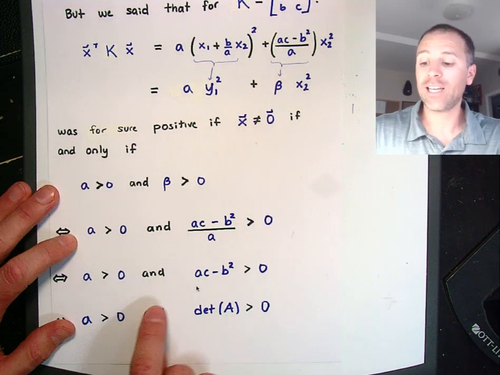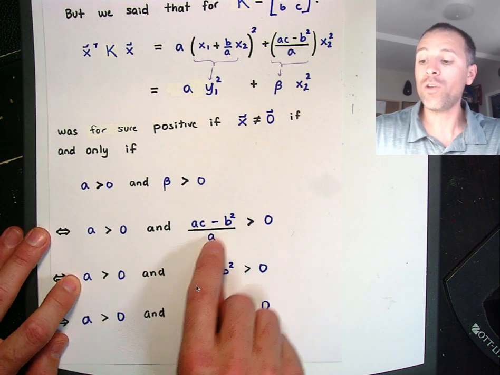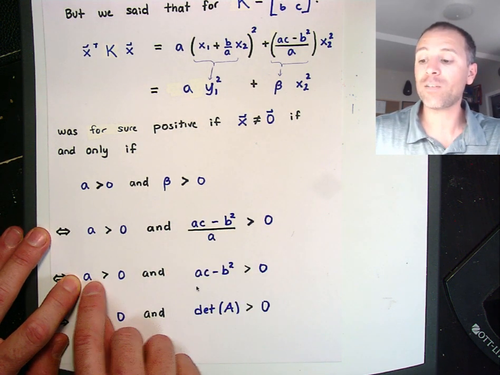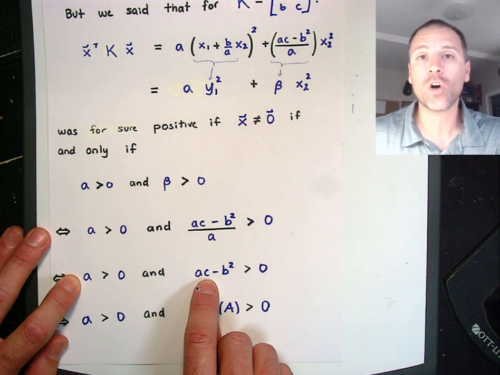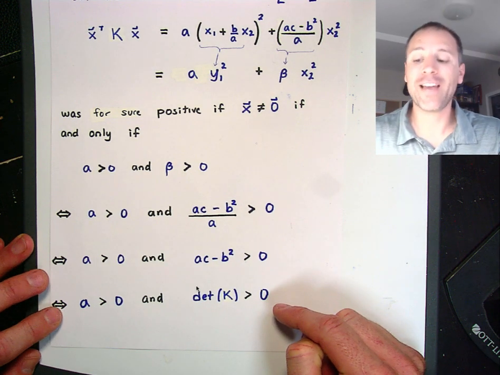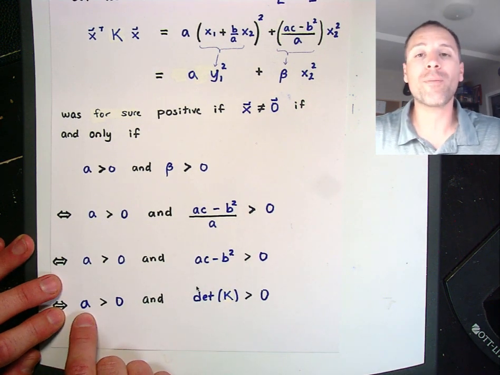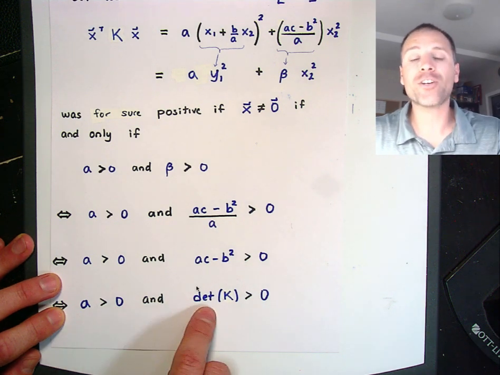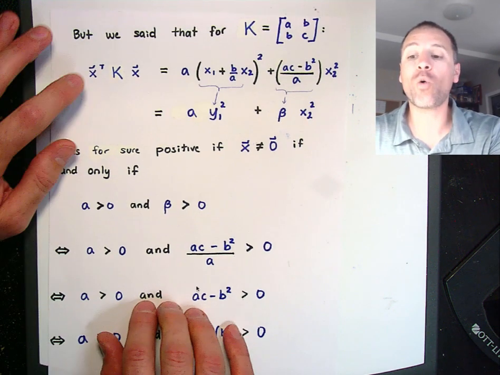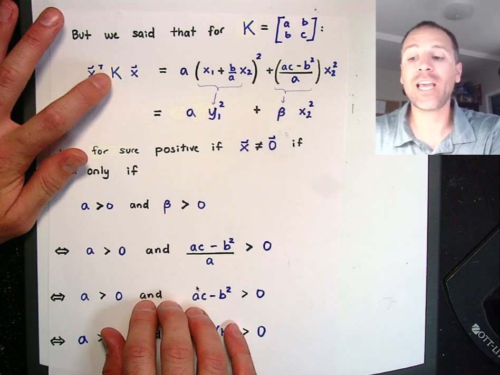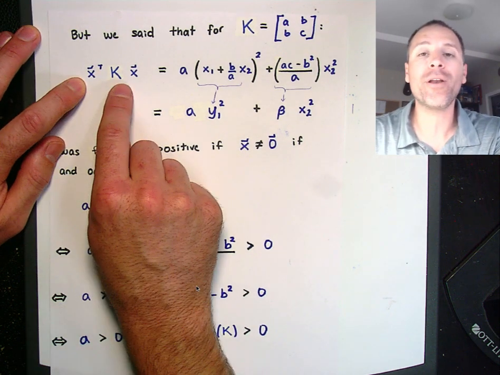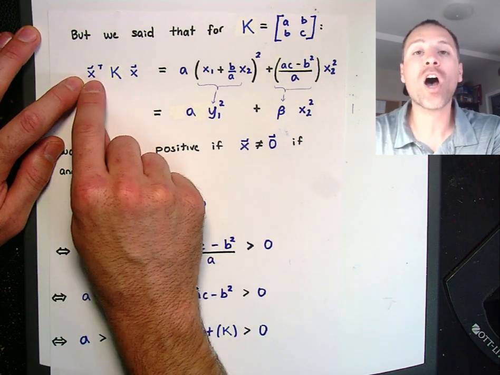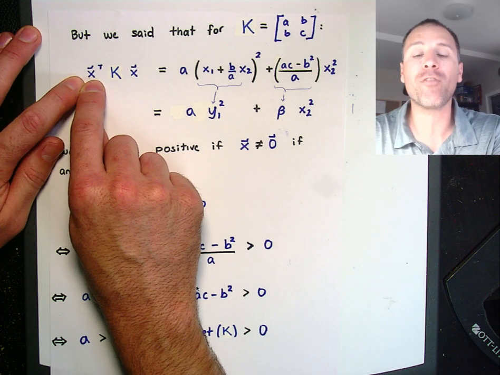This is equivalent to saying that a is positive. The only way that this scalar is positive, given that a is positive, is if the numerator is also positive. But that's equivalent to saying that if the entry 1,1 of our matrix is positive and the determinant of our matrix is positive, then the quadratic form x transpose Kx will always output positive values for non-zero entries of the vector x.